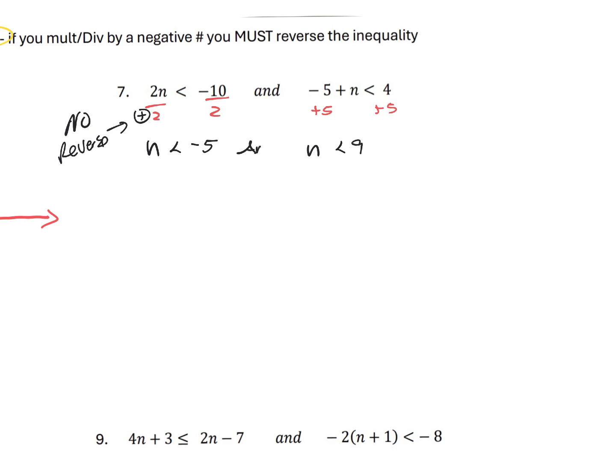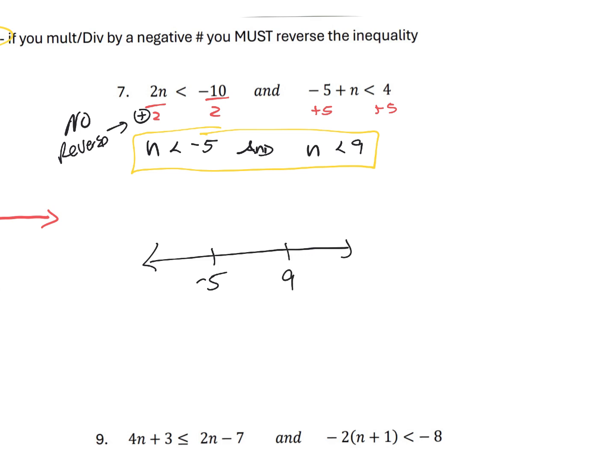And you have to bring down that word and that is your final answer. And then we go to graph it. Make sure the smaller numbers are on the left, bigger numbers on the right. We're going to graph all the numbers less than 9. So go open circle above the 9, all the numbers less than forever and ever and ever.